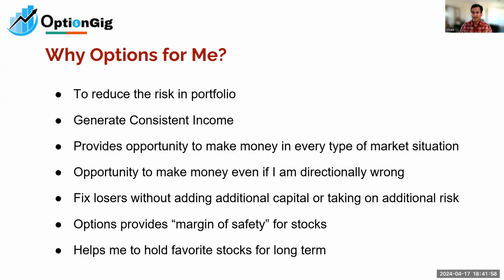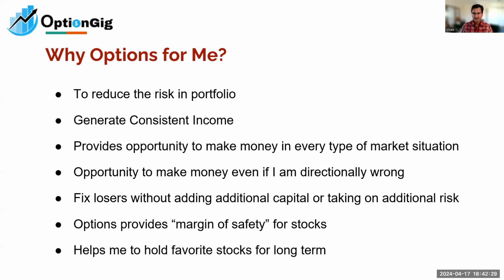And finally, it helps me to hold my favorite stock for the long term. I'm a firm believer that you can only build wealth in the market by staying longer in the market, not by getting in and out of the market. But I was scared of what I am going to do if the stocks go down. So options have helped me to hold my stocks irrespective of whether it's a bull or a bear.